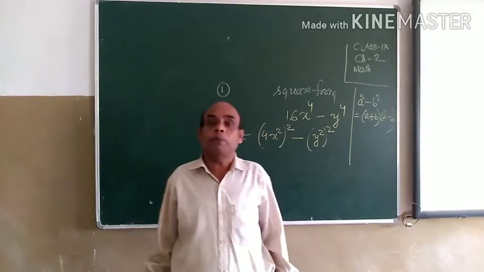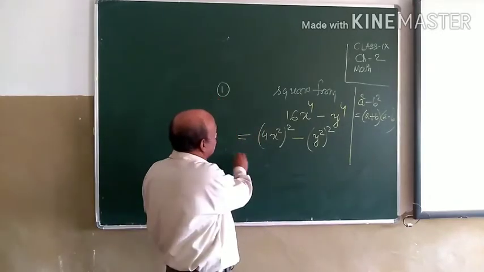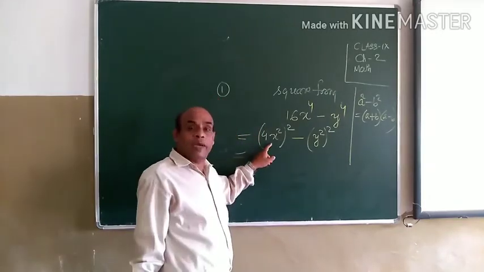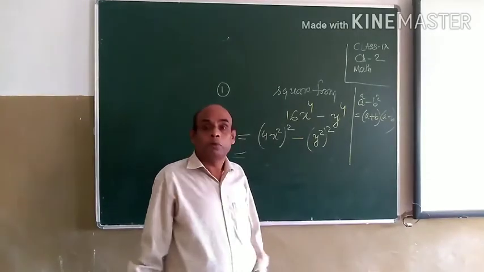According to the formula, we take 4x square as a and y square as b.